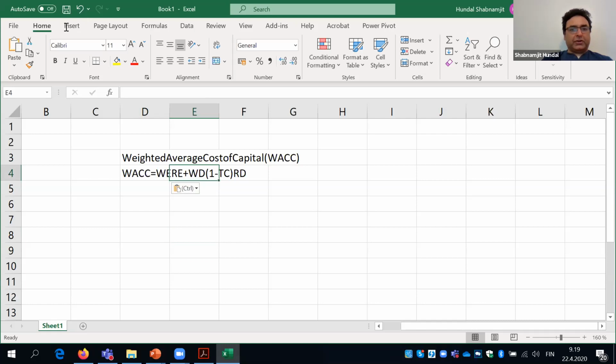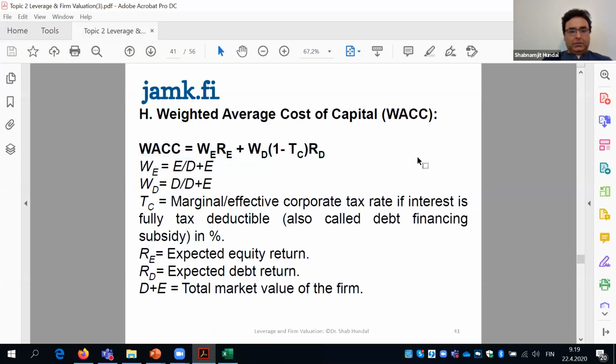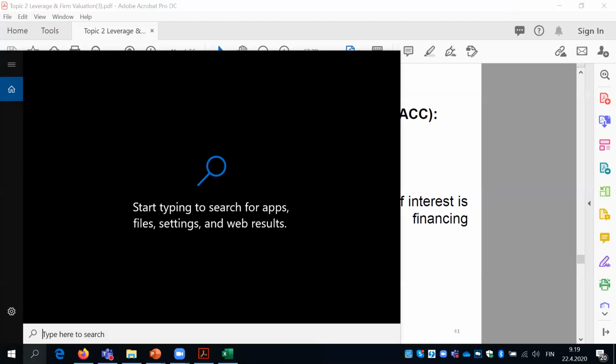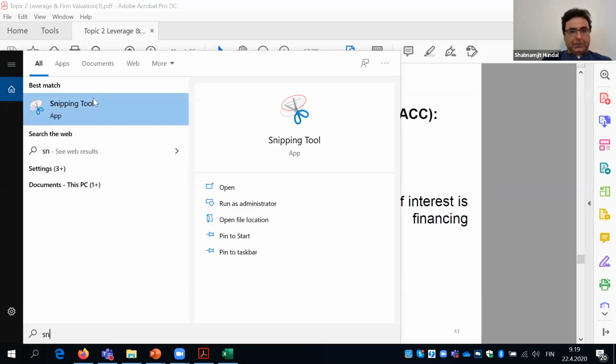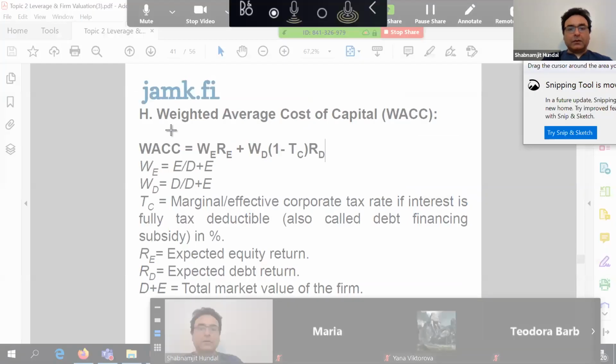Maybe I take a screenshot instead. Yeah, I take a screenshot and then that would be better. So just a sec. If I can find it. If I can snip.